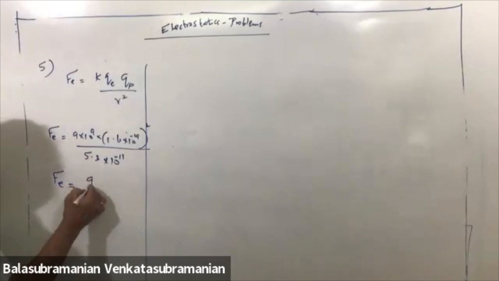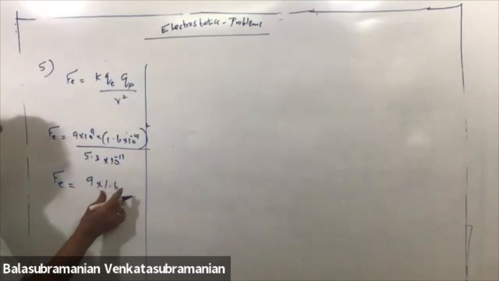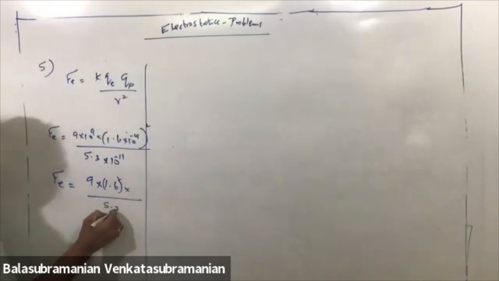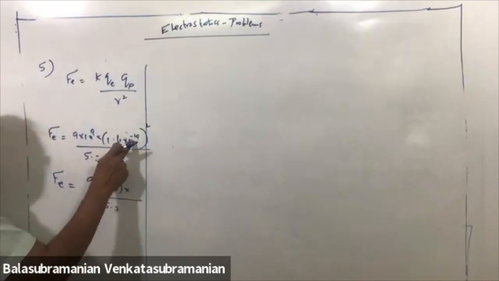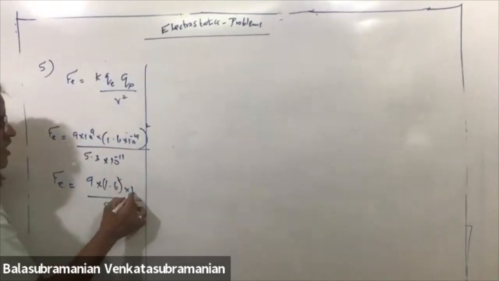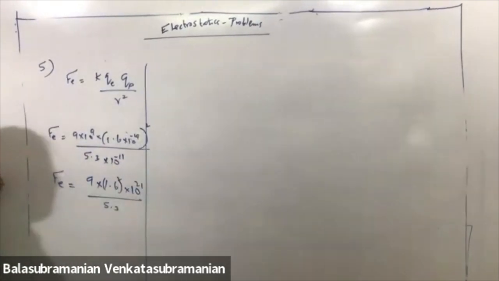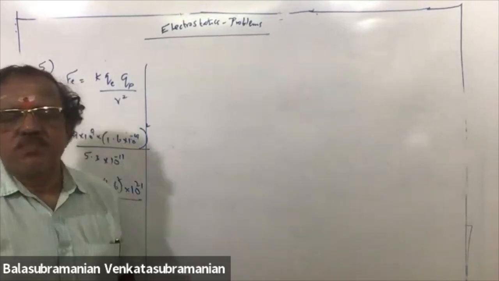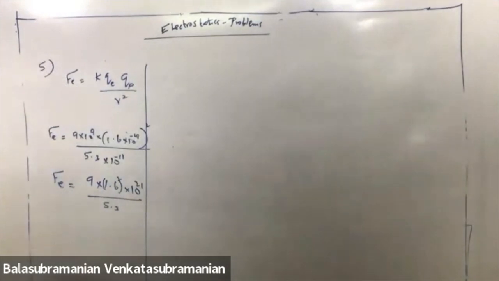Simplify 10 power first. 9 into 1.6 square divided by 5.3. 10 power 9 minus 19 is 10 power 10. This minus 11 will go as 10 power plus 11. So 10 power plus 21. So this is the electrostatic force.